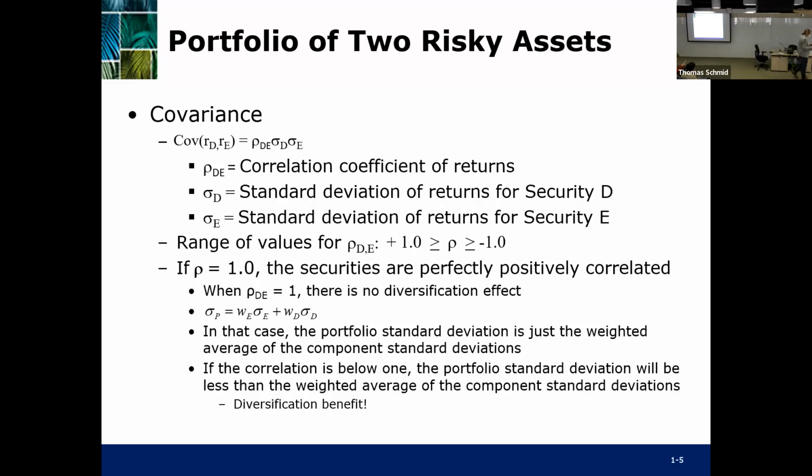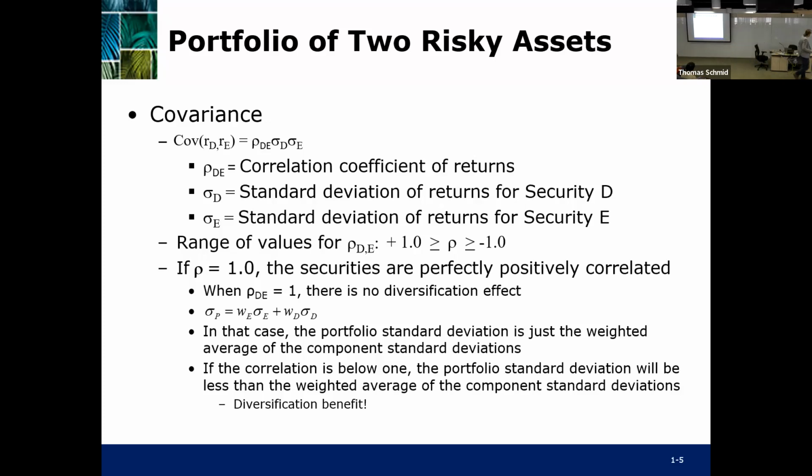It could be that one asset goes up by 1% and the other goes up by 5%. So a correlation of 1 does not tell you that the movement is exactly 1-to-1. It just means that one asset has a positive return, and the other asset also has a positive return. Okay?